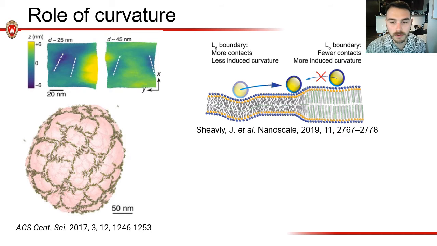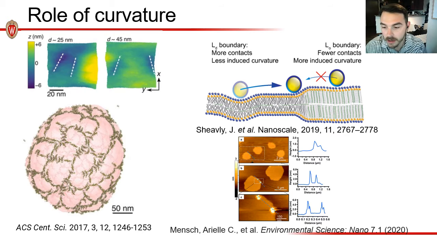In our previous work, we started to look at how nanomaterials interact with specific bilayers depending on their composition, whether they were a liquid disordered bilayer, which is a little more flexible, or a liquid ordered bilayer, which is more stiff. What we found is that when nanoparticles adsorb to the liquid disordered side of the boundary, you get many contacts, but you have less induced curvature since the curvature is built into the bilayer, and therefore we saw increased partitioning of the nanoparticles at these phase boundaries.